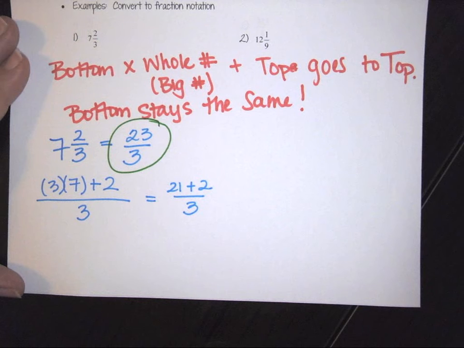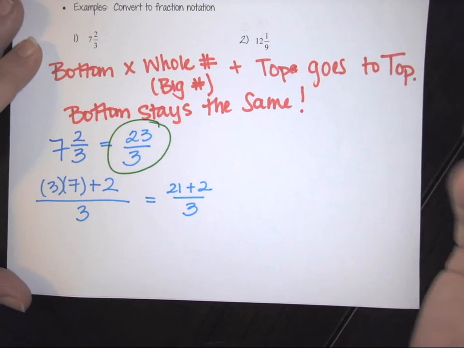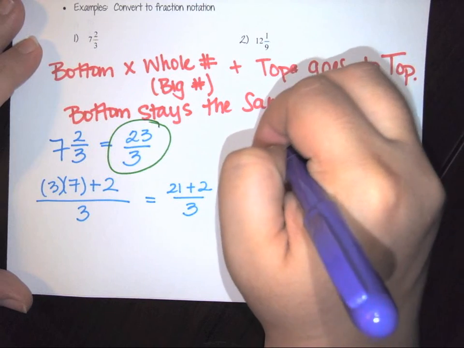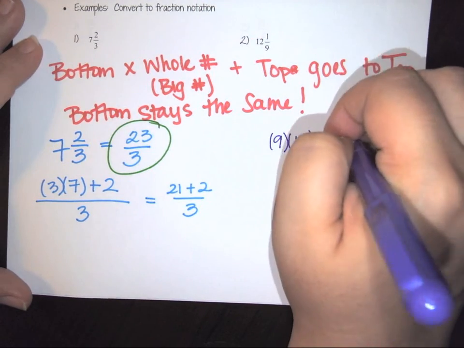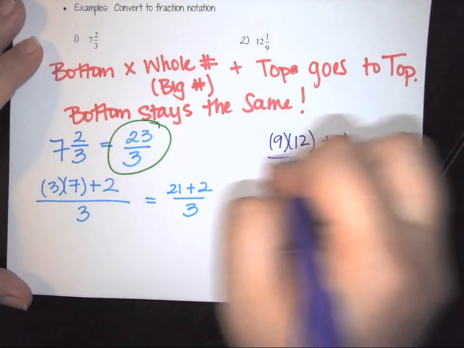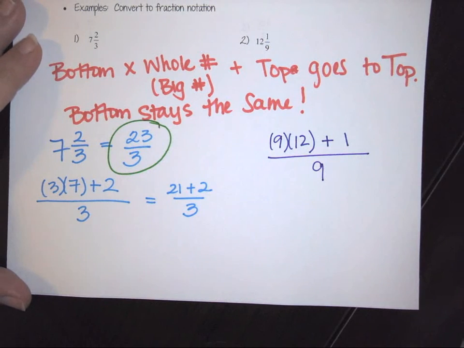So let's look at it one more time. Again, we are going to do bottom times the big number, so 9 times 12, plus the top, which was 1, and then put it in the top, keep the bottom the same.